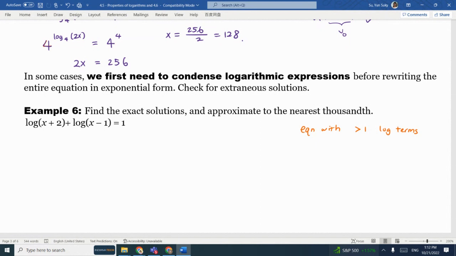Then the first step is you want to combine the log terms into a single log expression.